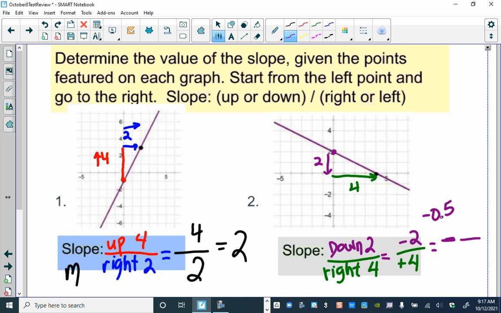In this case, it's going to be negative 1 over 2, but yeah. Negative 2 over 4 becomes negative 1 over 2. Good. So that would be our slope. Questions? Anybody have any questions?